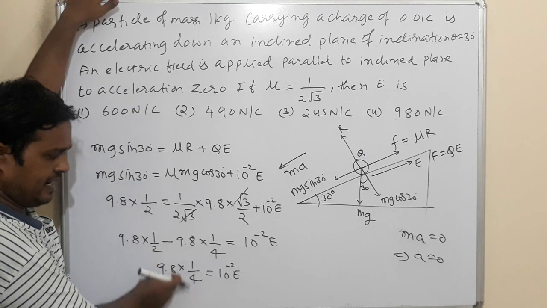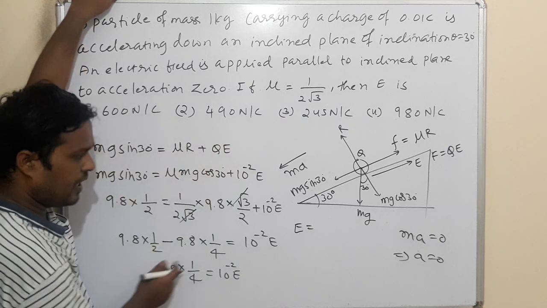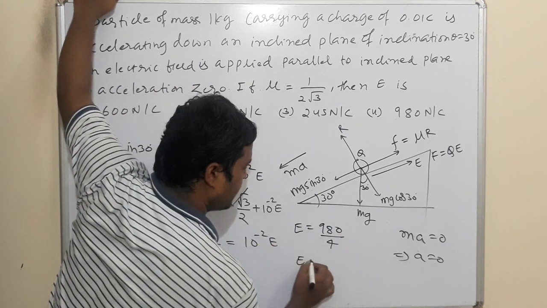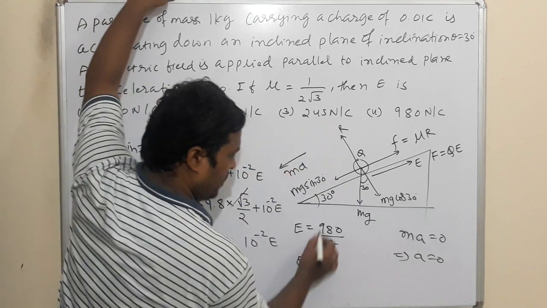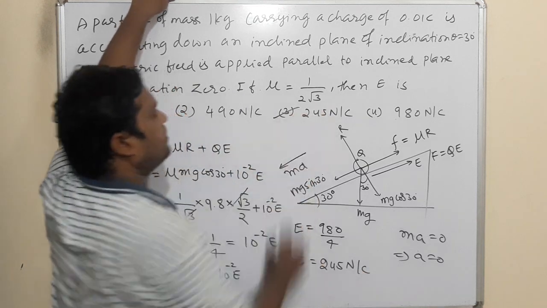It will make it 980. Then E will be equal to 980 by 4. This E is equal to 245 Newton per coulomb.